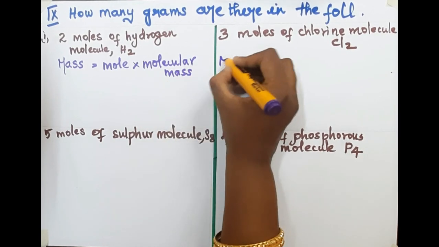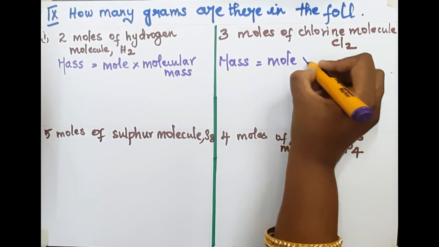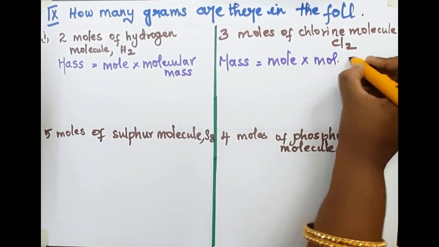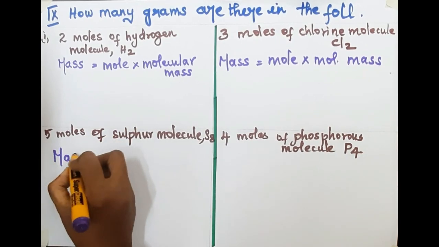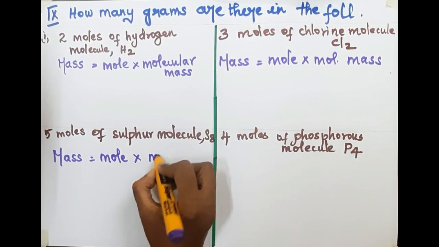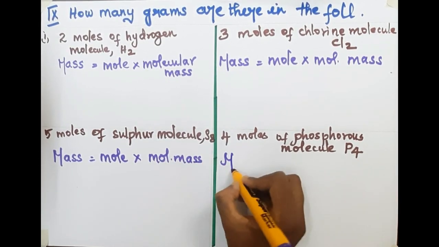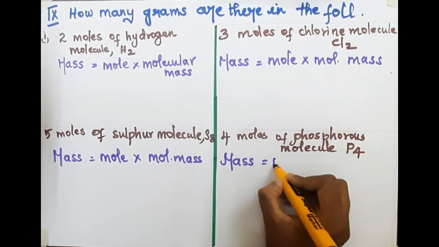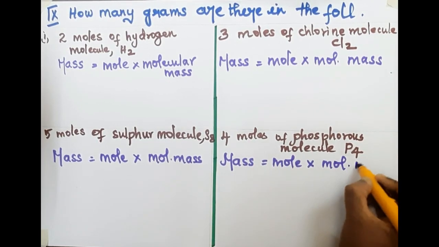So write here: mass is equal to mole into molecular mass. First write the formula. Mass is equal to mole into molecular mass.